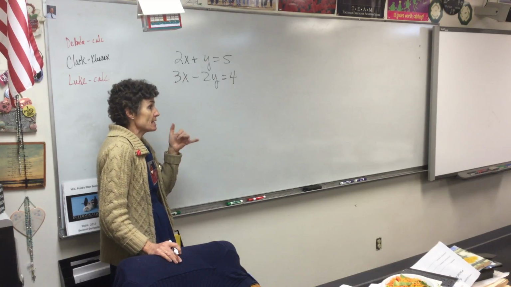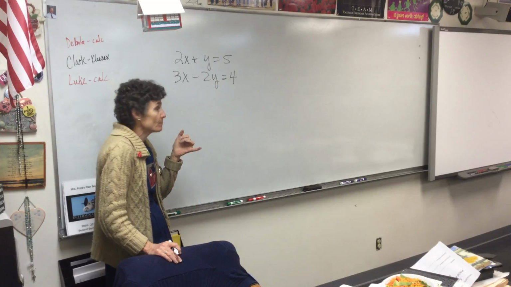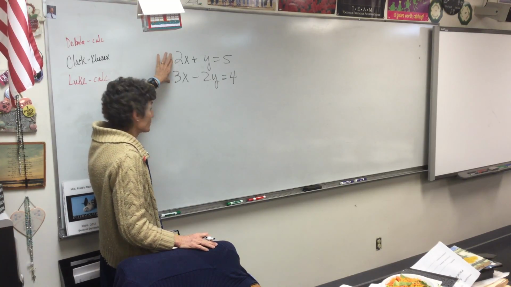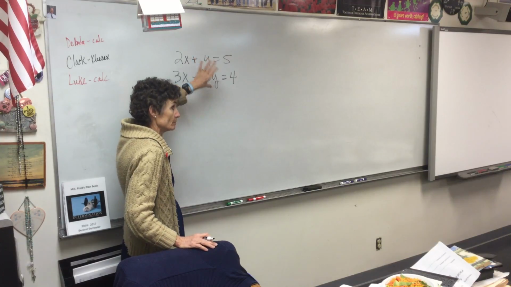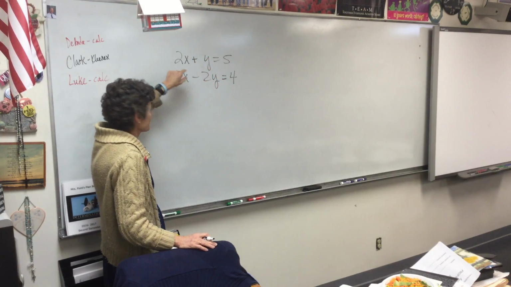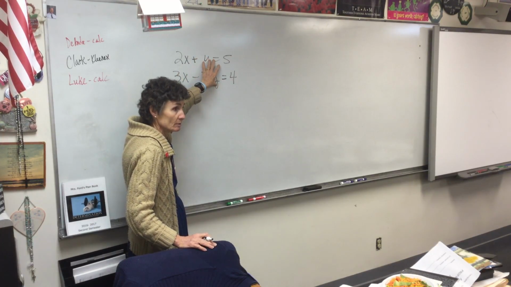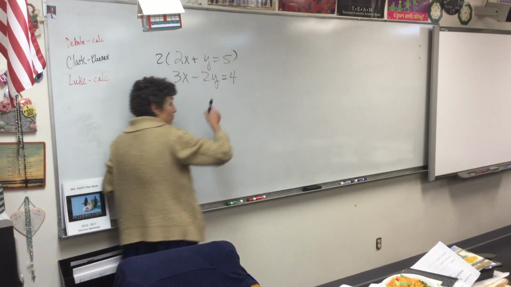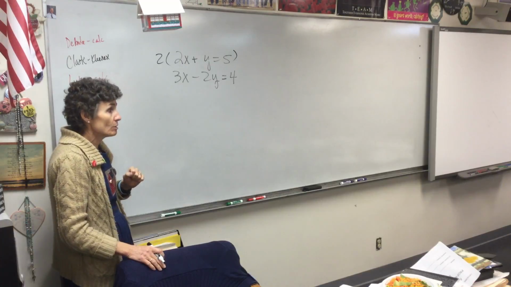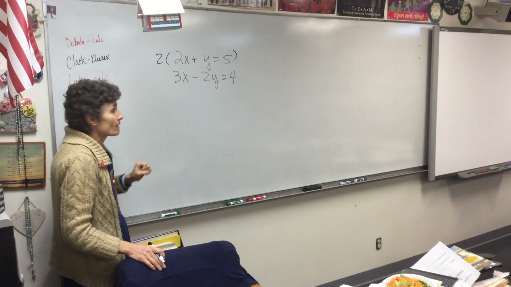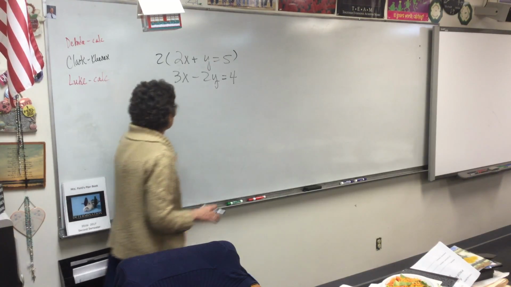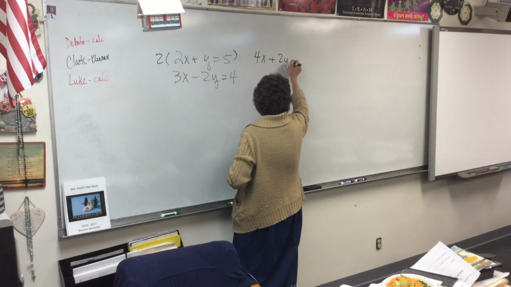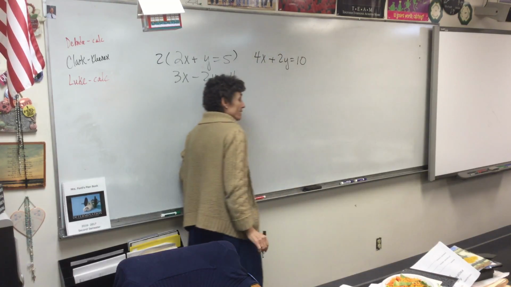Elimination first. If you see elimination, then you know you either have to make these two cancel or these two cancel. It's going to be easiest to make these cancel, because all you're going to need to do is multiply the top row by 2. Because we're going to have 4x plus 2y equals 10.